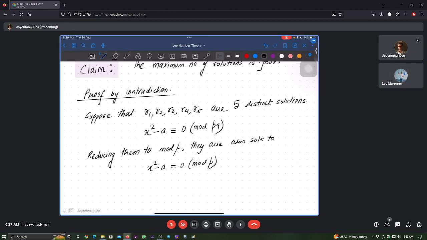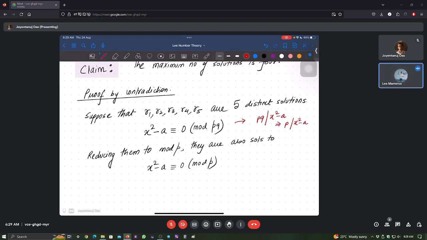Right, because from here what I have is that pq divides x square minus a, right? So this will imply that p also divides x square minus a, right? That's why these solutions will also work for this equation if I reduce to modulo p.